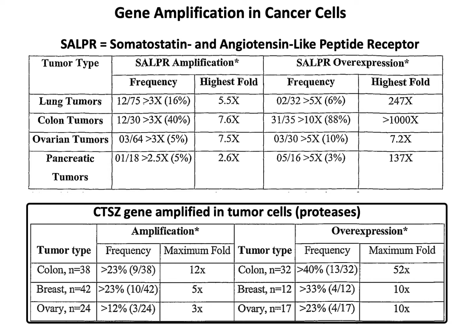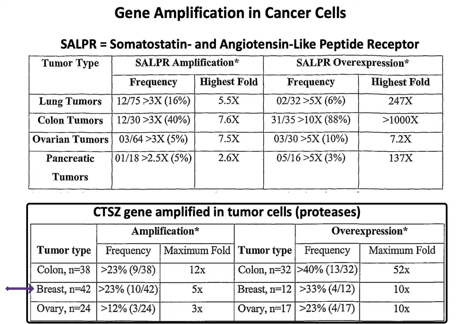And then down here, here's amplification of the CTSZ gene, which produces cathepsins, which are proteases. That is, they degrade other proteins. So in colon cancer, there can be up to a 12-fold increase in the copy number of those genes, and up to a 52-fold increase in the amount of that protein, cathepsin.